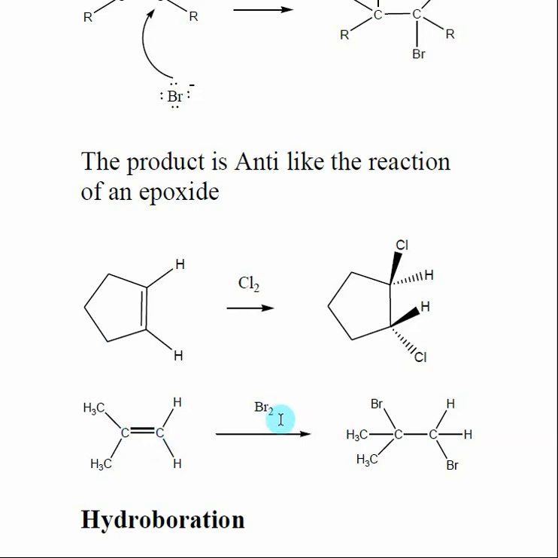Okay, a bromine on each piece, but I also need to make sure to show that the two corresponding halogens are on opposite sides of the molecule. So one bromine is going up, the other bromine is going down. Just to keep track of things, this carbon is this carbon is this carbon. So I've broken the double bond, formed two single bonds, I've put a bromine on each one of them, and then I've made sure to show that there's a bromine going up and a bromine going down.